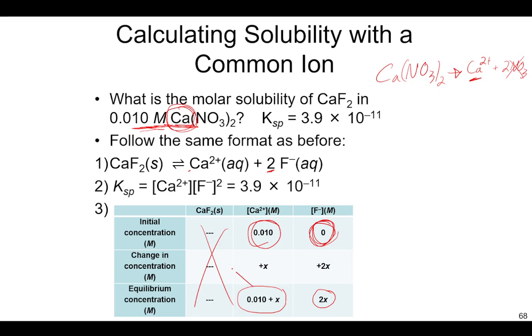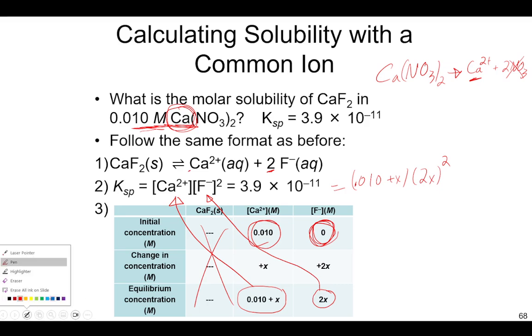So now we're just plugging these numbers in instead of just x and 2x. It's 0.010 plus x for calcium, and it's 2x for fluoride squared. And now I'm going to allow for a neglect-x assumption.